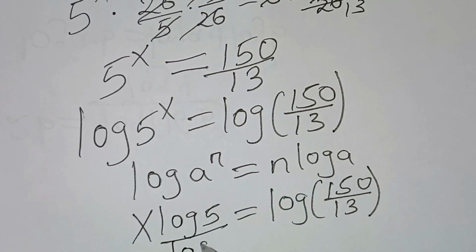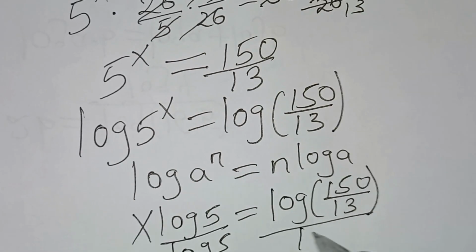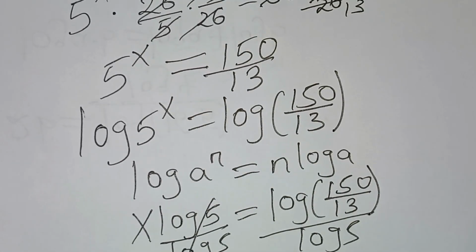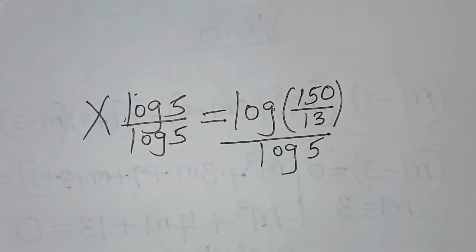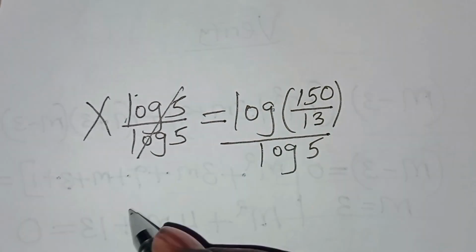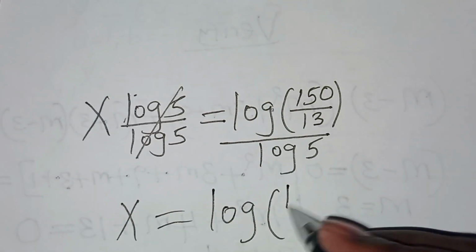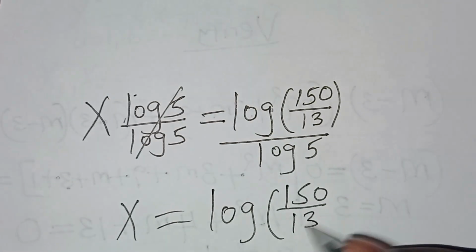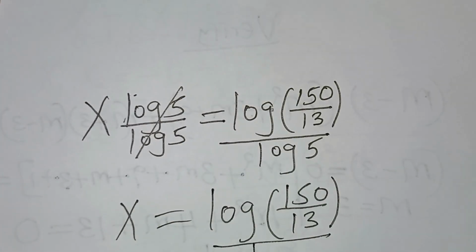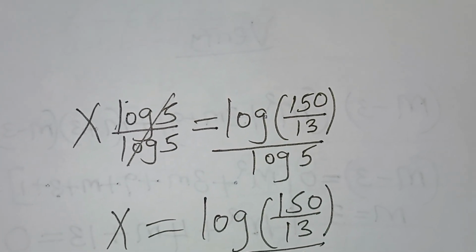Here we have log 5 by log 5. So let's simplify here. Now let's divide both sides by log 5, so that x is equal to log 150 divided by 13, all this divided by log 5.